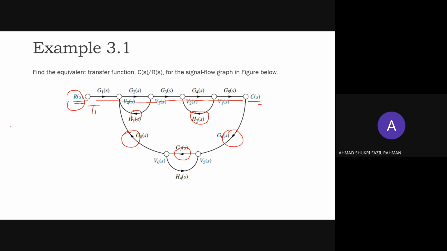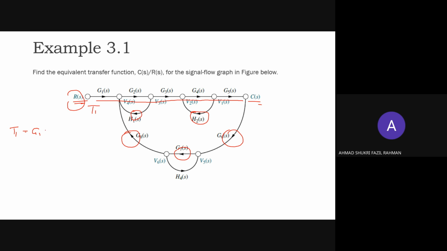So we start by writing the forward path T1 equal to, okay, list down the system that is related to T1. So we start with G1. Starting here, you can see capital G1.